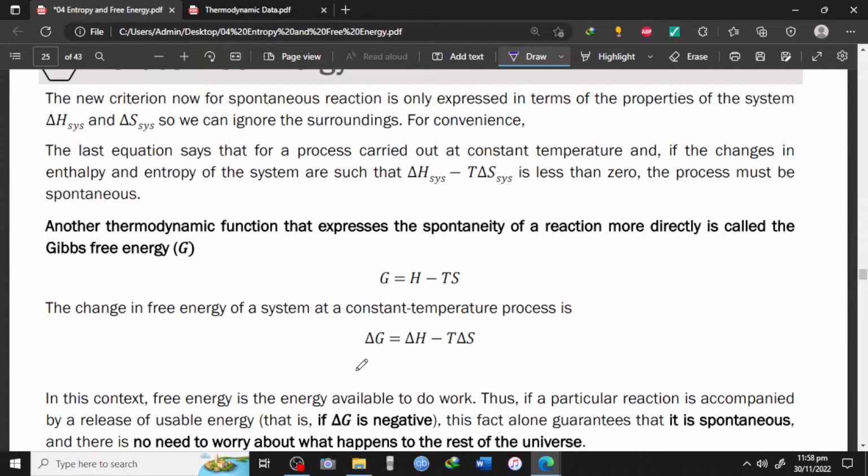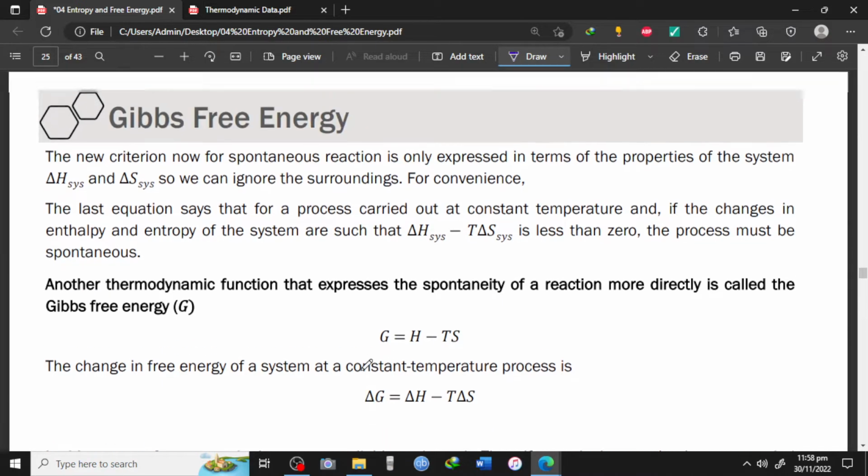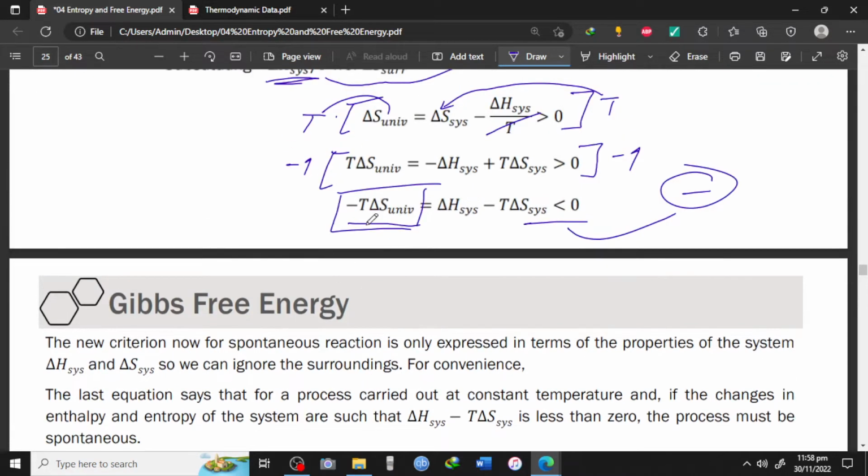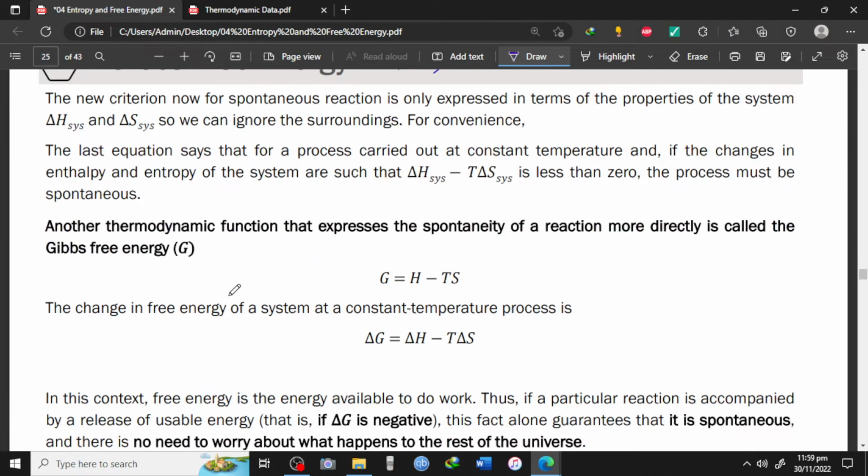Okay? So technically, student, yung term na to, ginawa na natin to as Gibbs free energy. And Gibbs free energy is represented by capital letter G. So si capital letter G, it represents the new energy form that was introduced by the scientists, which is known as your Gibbs free energy. Okay?